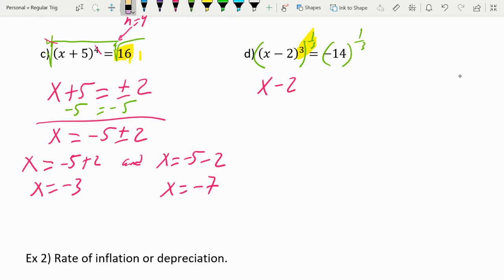I should have said this is approximately equal to negative 2.41. All right. Now grab your calculators. Please make sure you can do that.